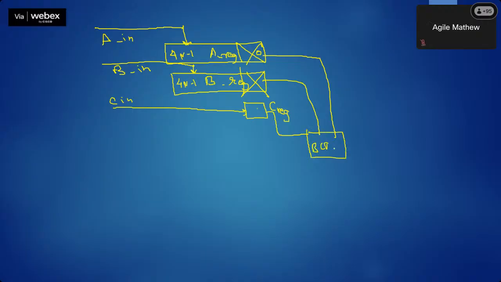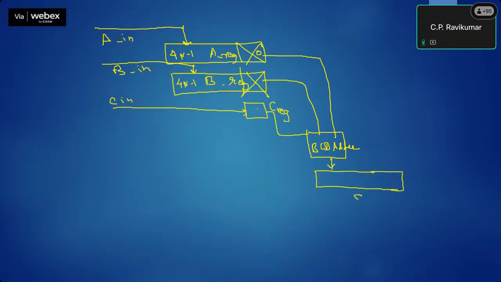Sir, we should also shift the sum output also, isn't it? Yeah, we are shifting, no? So there is a sum register. So this guy is coming here, the last 4 bits. And the carry that it provides is also sent back.